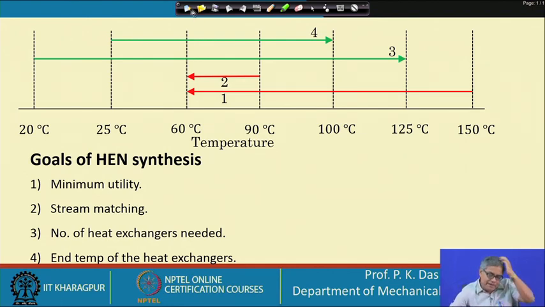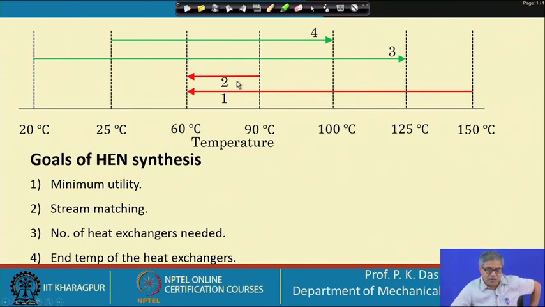Suppose we consider this zone. There is one stream from 25 degrees to 60 degrees.